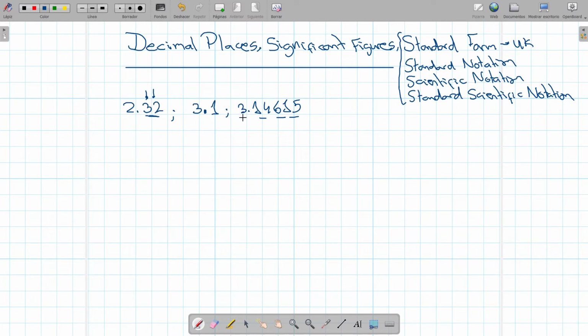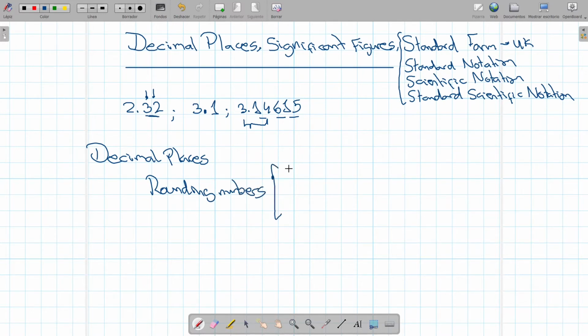So if someone asks you to write 3.14615 in decimal with two decimal places, you have to write it up to here. So you need to know in decimal places how to round up numbers. So in decimal places, you need rounding up or rounding down, rounding numbers. So the rule is very easy. If the next number is less than 5, you leave it as it is.